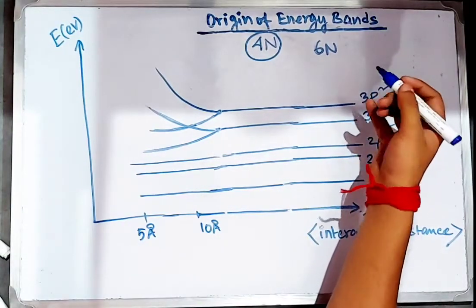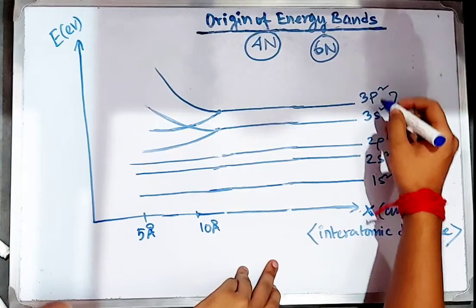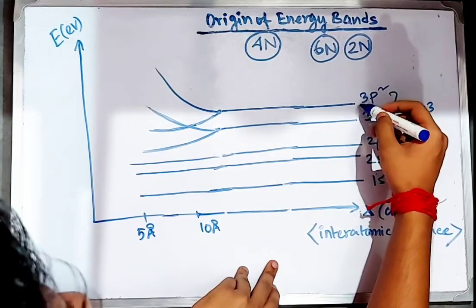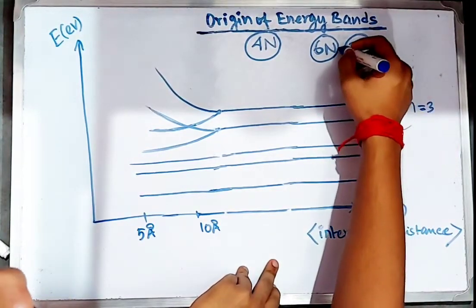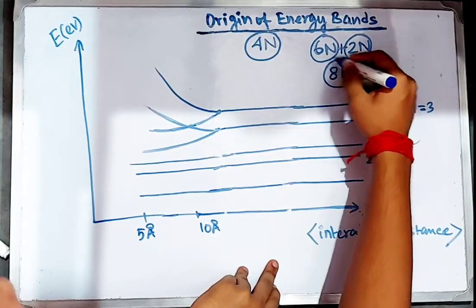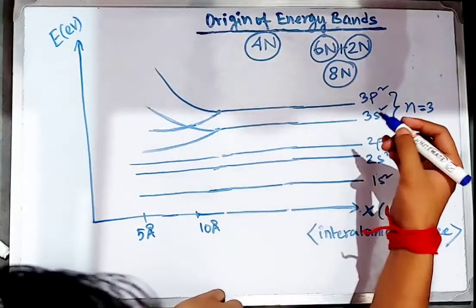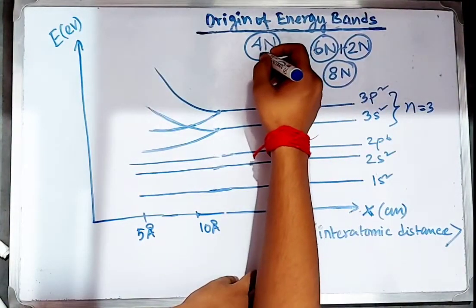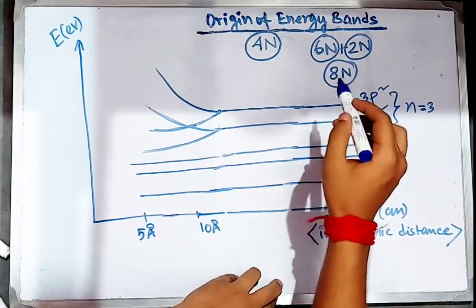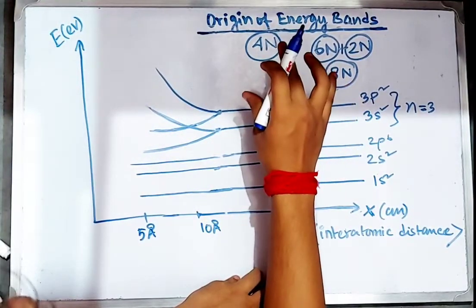So for n number of atoms, it can hold 6n number of electrons, and 3s can hold 2n number of electrons. So if we combine this 3p and 3s, it can hold 8n number of electrons in this combined fashion. But there are only 4n number of electrons present, though they have the capacity to hold 8n number of electrons within this band.